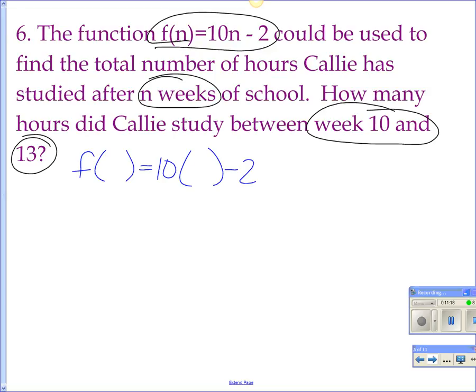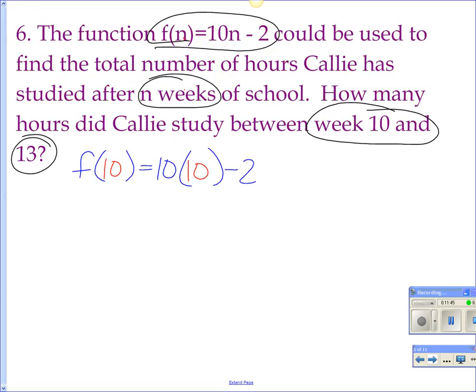Okay? All right. The first thing we're going to put in is week 10, because what was in parentheses right here? What letter? N. And N stands for weeks, and we have 10 weeks. So we're going to put 10 in our parentheses.